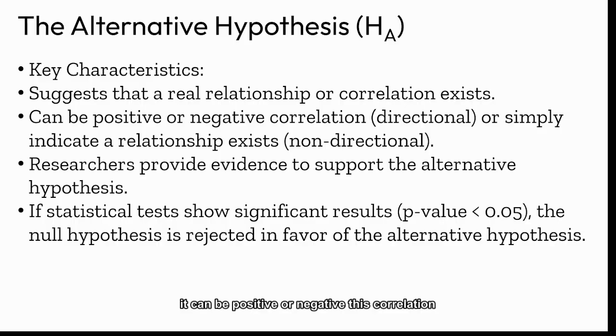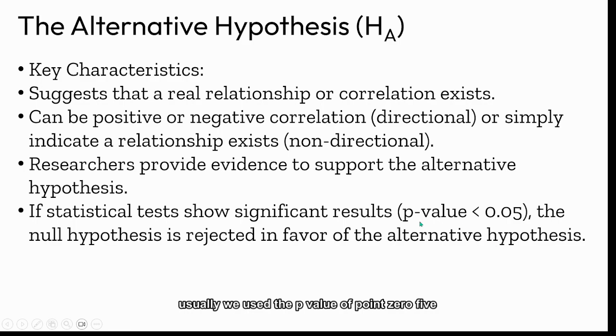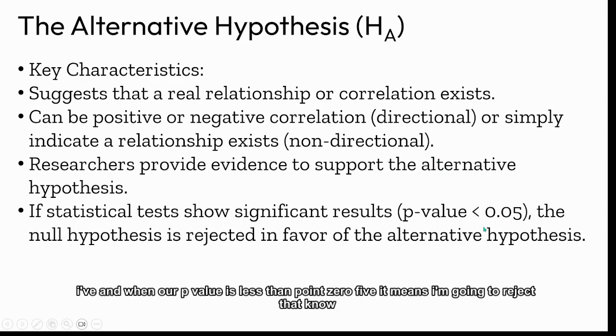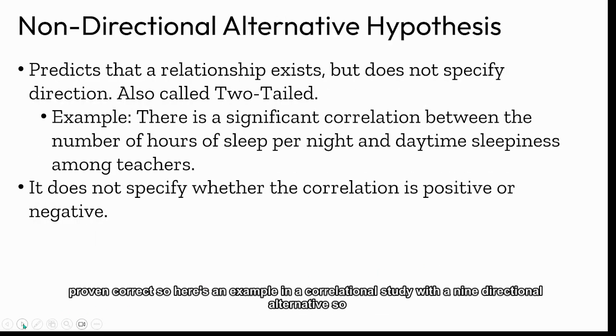It could be positive or negative if it's a correlation. It gives me my support to my alternative, and it's going to be associated with a statistical test and a significance level. Usually we use the p-value of 0.05. And when our p-value is less than 0.05, it means I'm going to reject that null because the alternative has been proven correct.